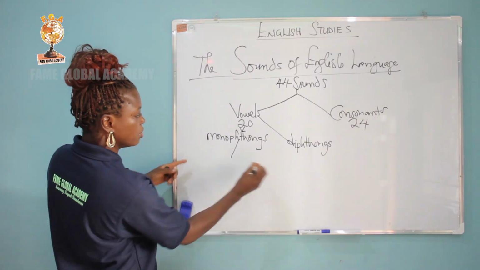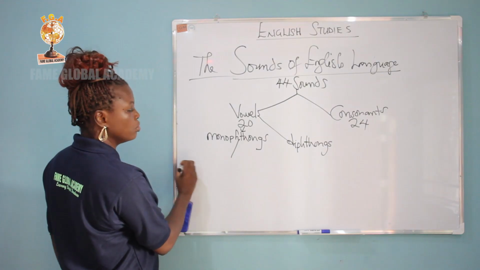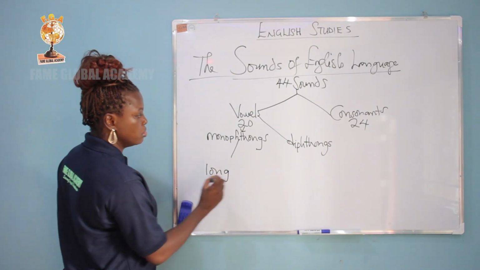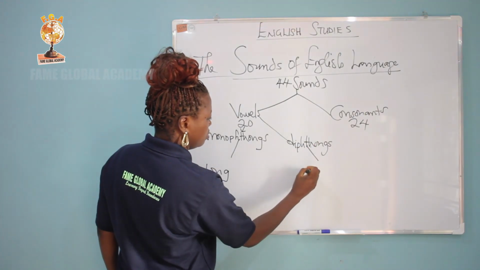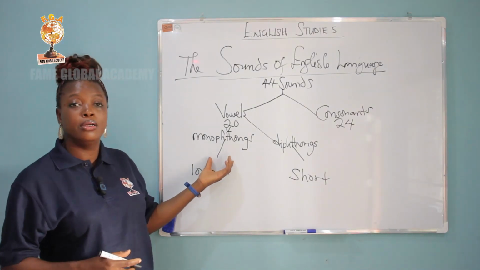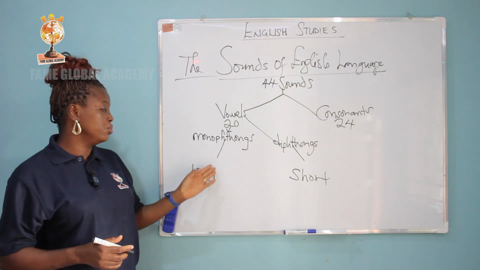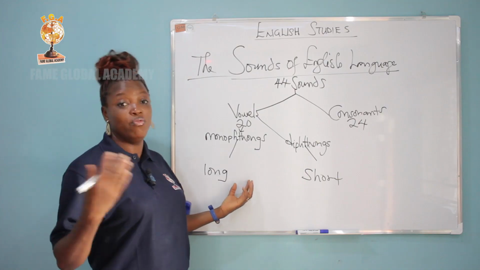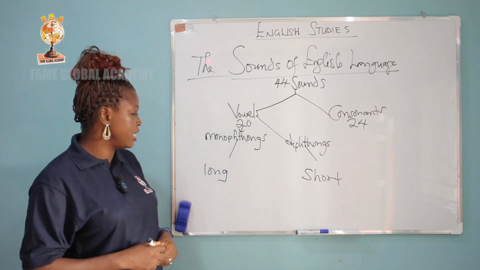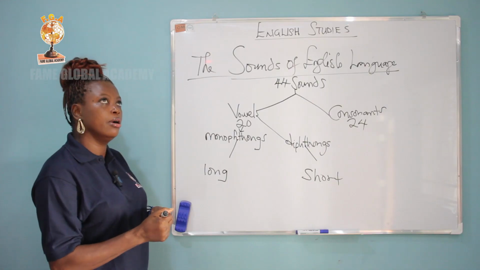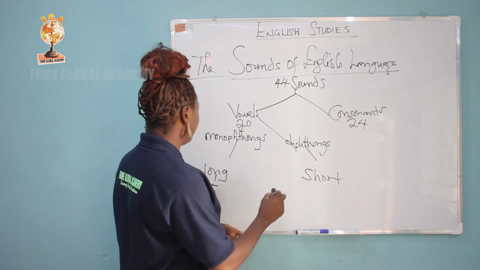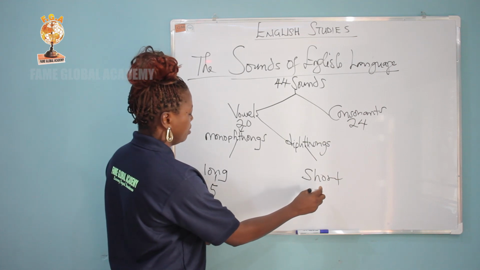So we have long monophthongs, or vowels, and short monophthongs, which you can also call vowels. Long vowels are, I think, 5 in number, while short vowels are 8 in number.